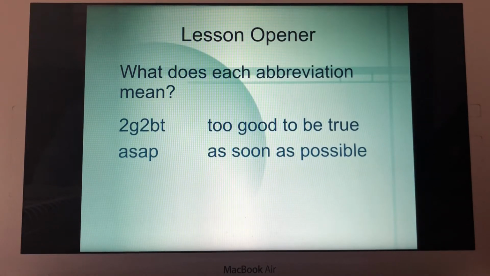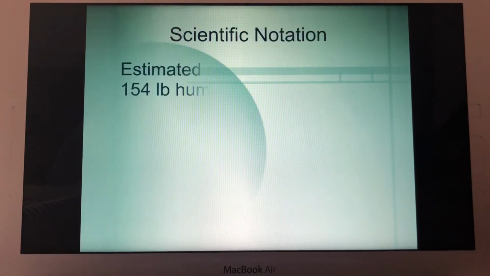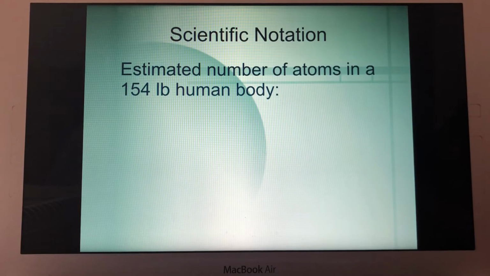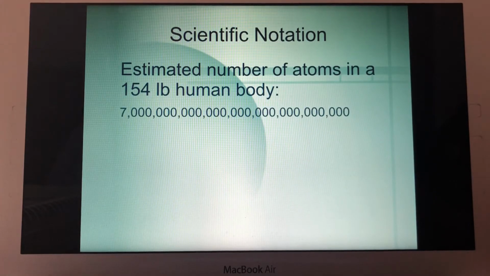If we say that the estimated number of atoms in a 154-pound human body is 7 with 12 zeros behind it, we can actually write that in scientific notation. All those zeros, we could write so that it's easier to understand and save space.